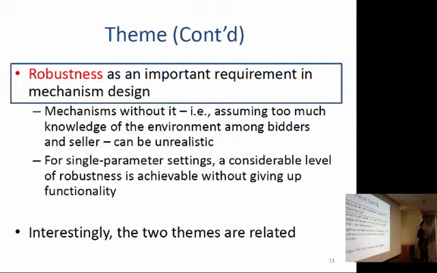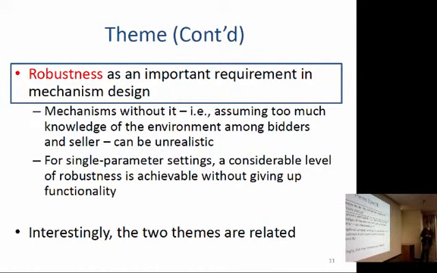And actually, you can get a considerable level of robustness in single parameter environments without giving up too much on functionality of the mechanisms. And by the way, this is not the case for multi-parameter, where we know there are very strong hardness results that you can't do a lot if you try to impose robustness.